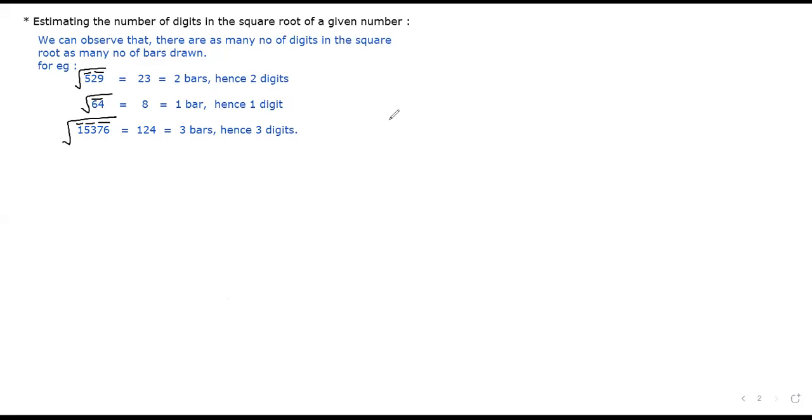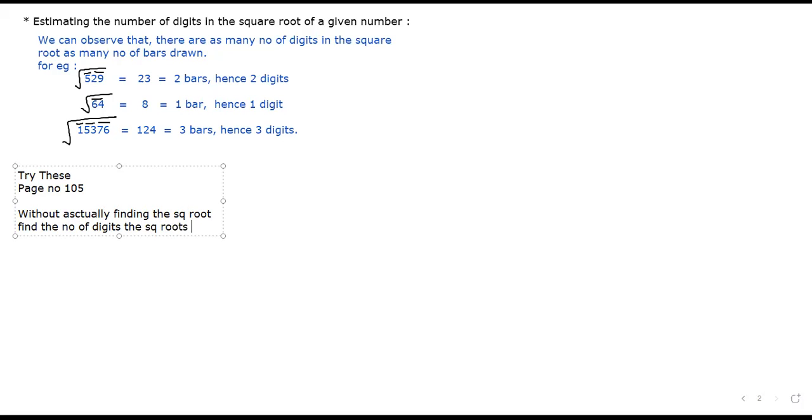Just try this, page number 105 now. Without actually finding the square root, find the number of digits the square roots of the following numbers will have.